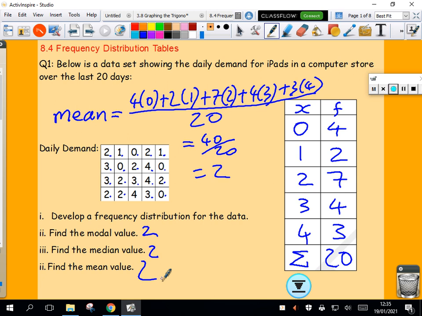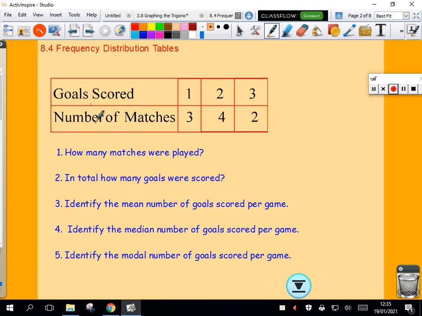So frequency distribution just shows you how the frequency of each data point is distributed. Here's a frequency table. It says my random variable here is the number of goals scored in a match, and then my frequency is the number of matches.